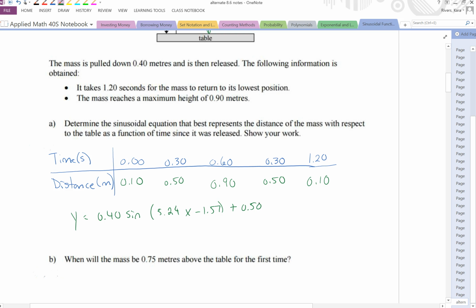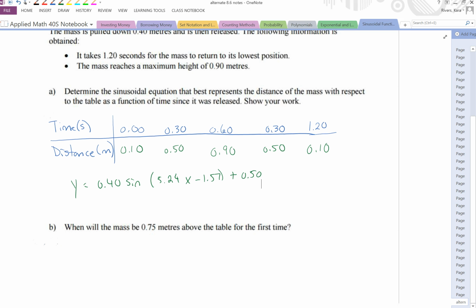It says when will the mass be 0.75 meters above the table for the first time? So we can use our intersect here. We would have a y value, because that's what this is, a y value, and then point of intersection. So graph y equals 0.75 meters, and then use second, trace, intersect.